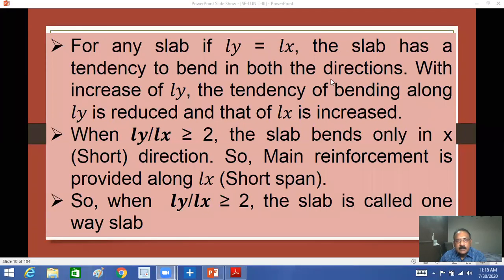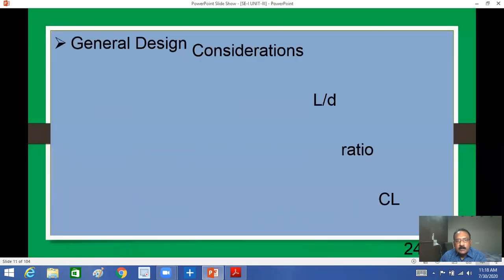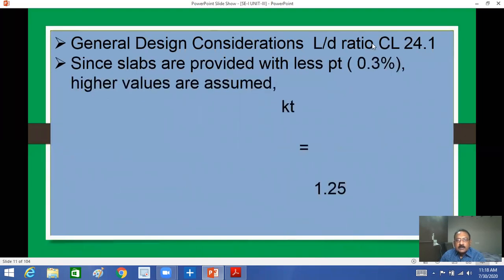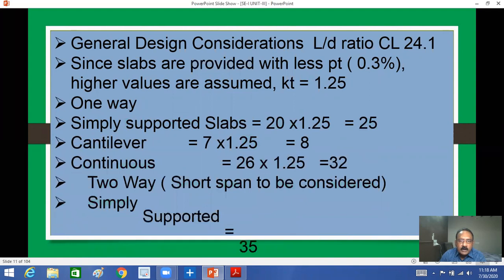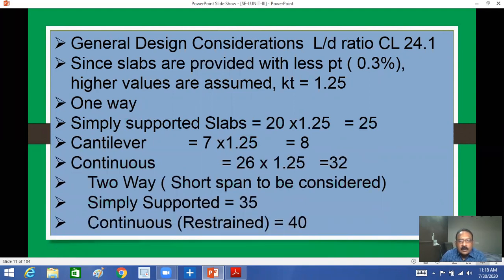Next one is the general consideration as per clause 24.1. Here we will take the percentage of steel approximately as not more than 0.3%, so the KT value is 1.2.